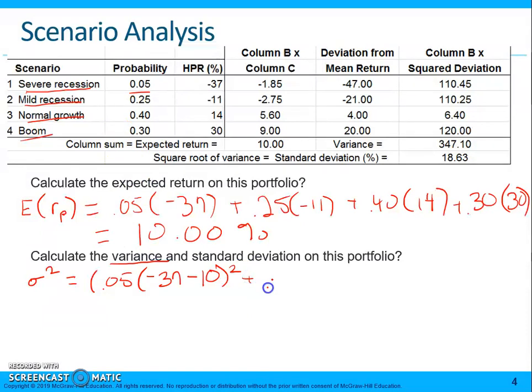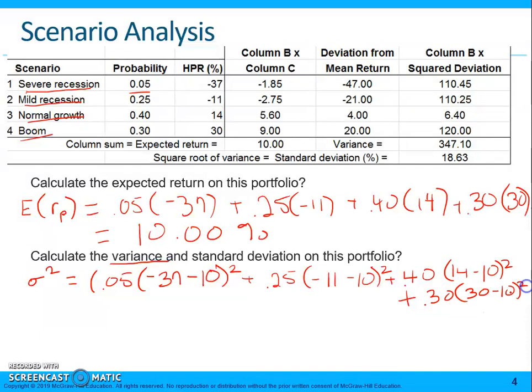Then mild recession, 0.25 times the 11% loss minus the 10% expected return, squared, plus 0.4 times 14, the return, minus 10 squared. Then finally 0.30 times 30 minus 10 squared. Close that up.